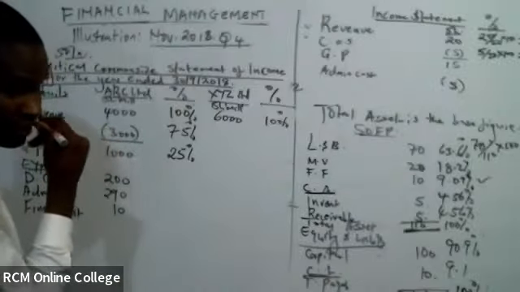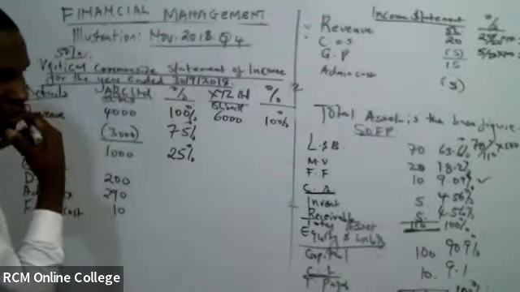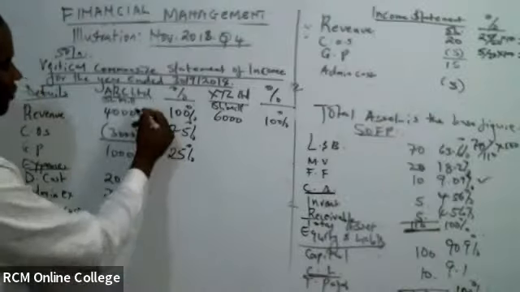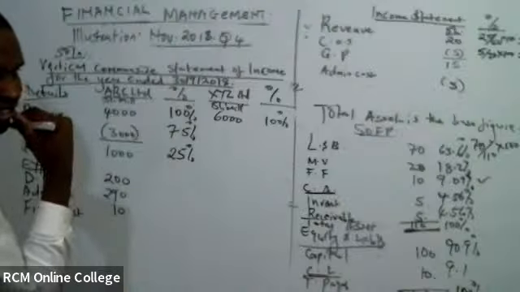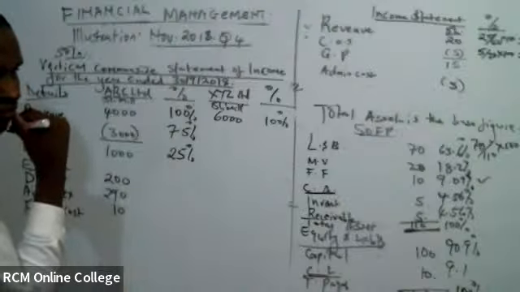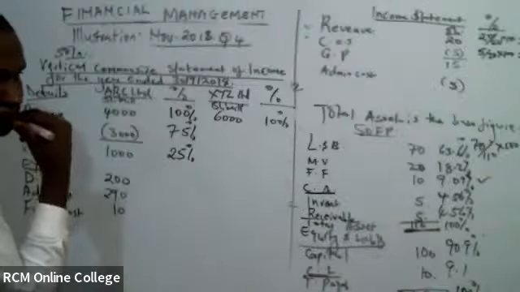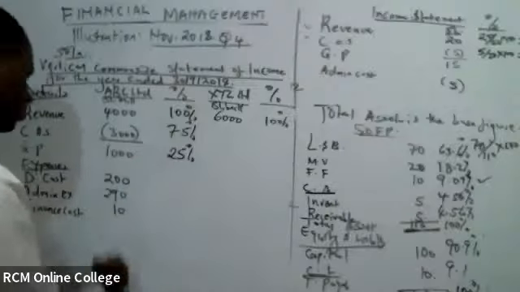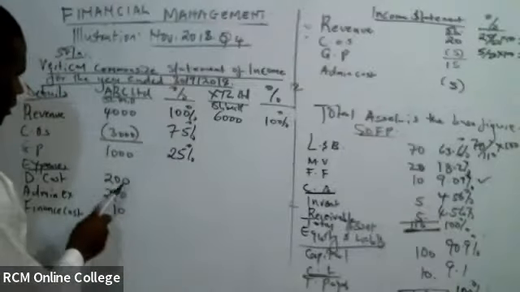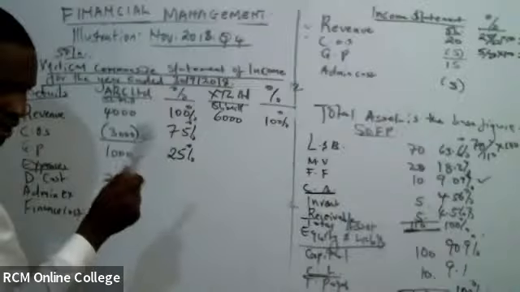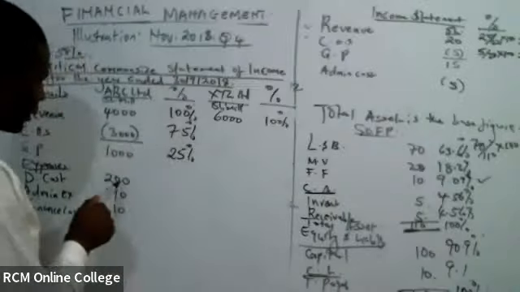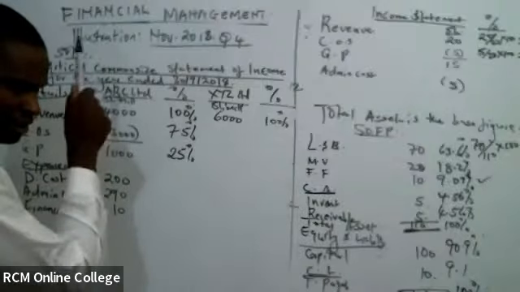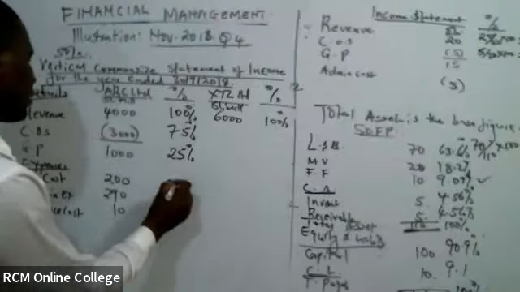Of course, we are expressing this as a percentage of sales. What is the proportion of the distribution cost as far as the sales are concerned? When you divide this 200 by sales, always remember as a percentage of sales, it is 5%.